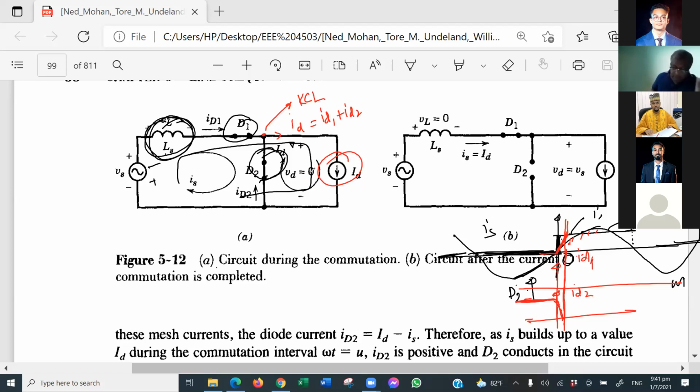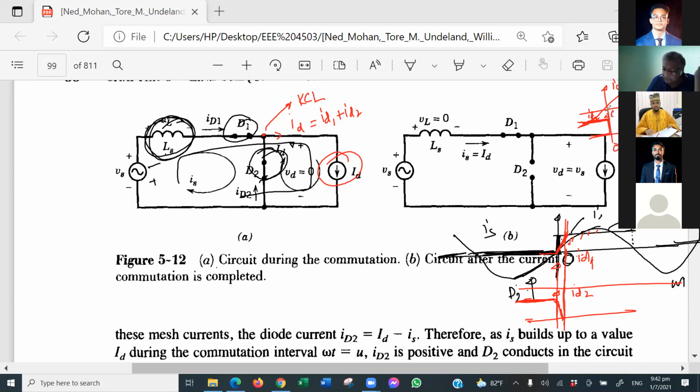Sir, could you explain one more time? Okay. Actually, when there was no LS, if I plot ID1 and ID2, this is your voltage. When VS was negative, ID1 will be 0 and ID2 will be this one, right?